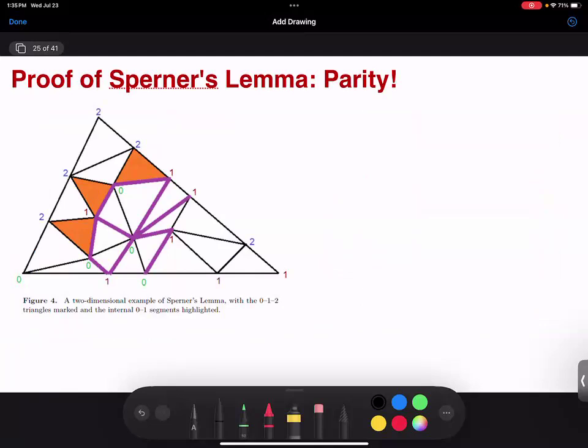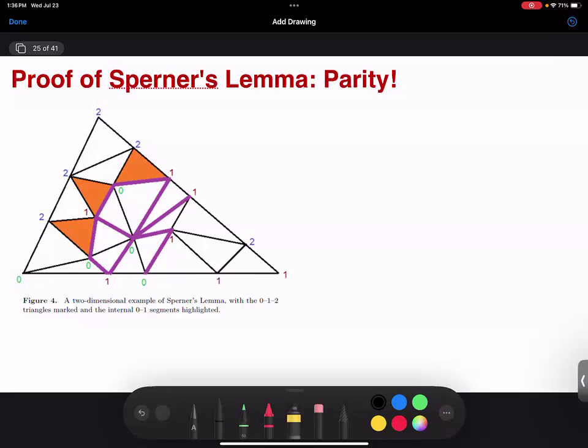All right, so what do we know about any labeling of a triangle in this situation? What's the only thing we know? So what did we just prove a moment ago? Well, no, we're going to prove that now.